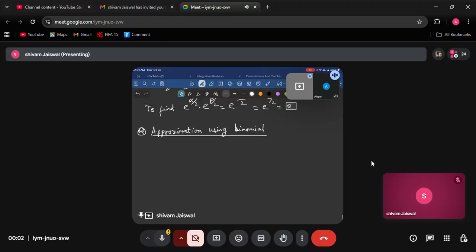So everyone, what is 1 plus x whole to the power n? This approximation is required for other chapters also. What is 1 plus x whole to the power n? This is approximately equal to 1 plus nx, when x is very, very small.